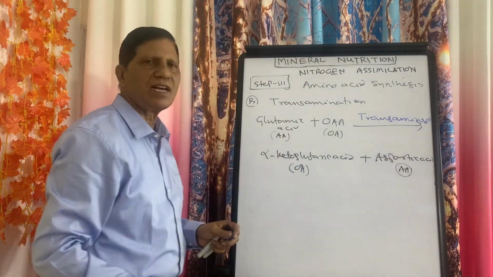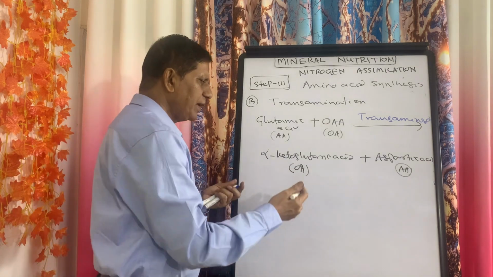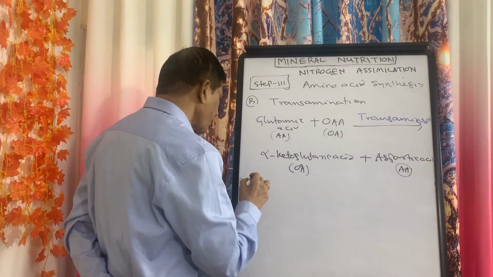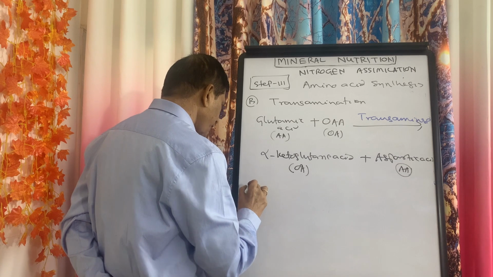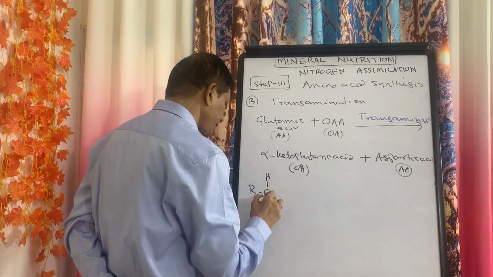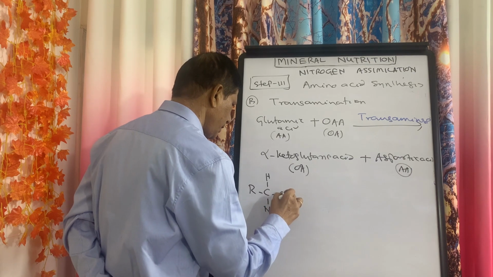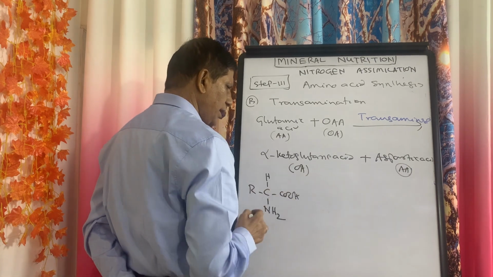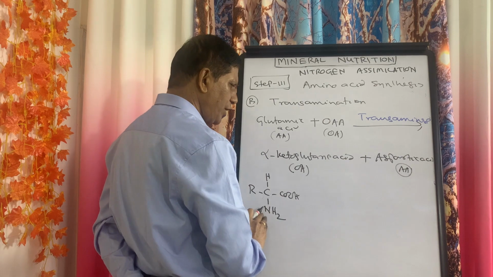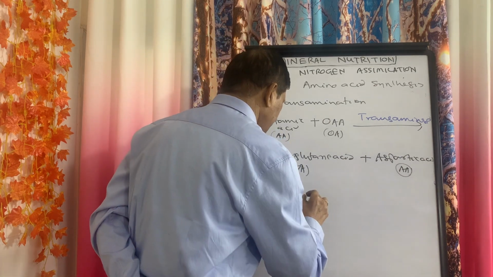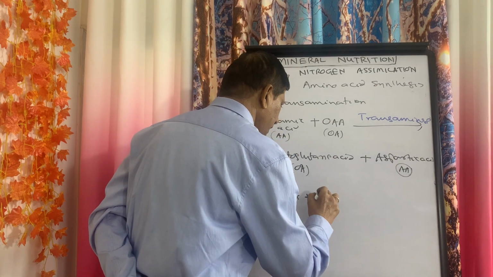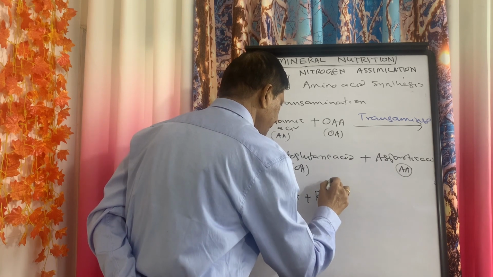This is known as transamination. Now, we can also write it like this. Suppose this is one amino acid. Now, this one amino acid, let it combine with another organic acid.